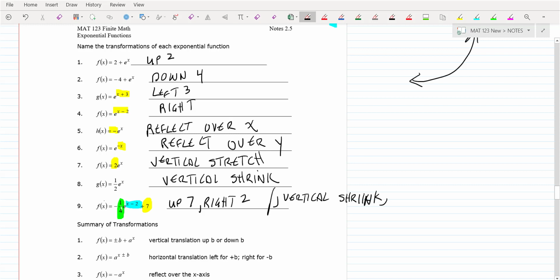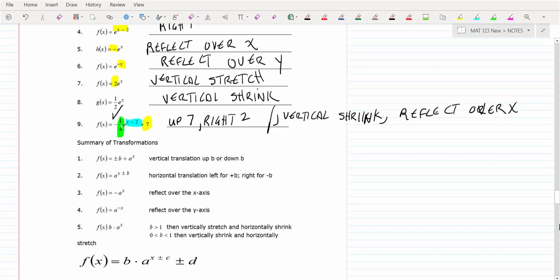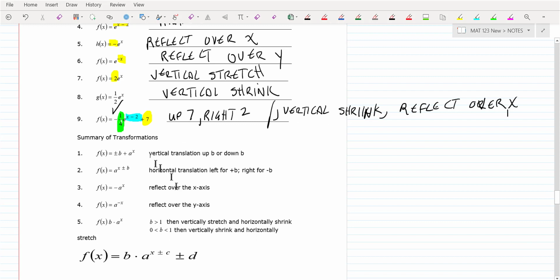There's a negative there. So that would be reflect over the x-axis. So that's how that goes. That's kind of a summary of that, and it works the same way on all functions. So that's not really brand new or anything. This is just kind of a summary that I've shown you of how the numbers go.